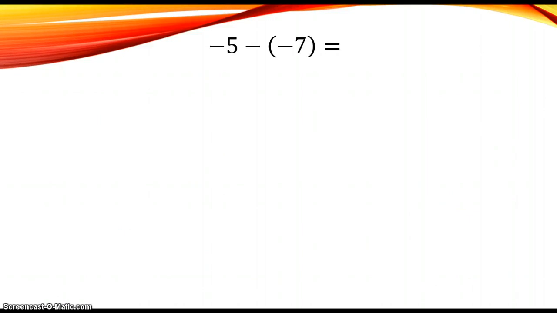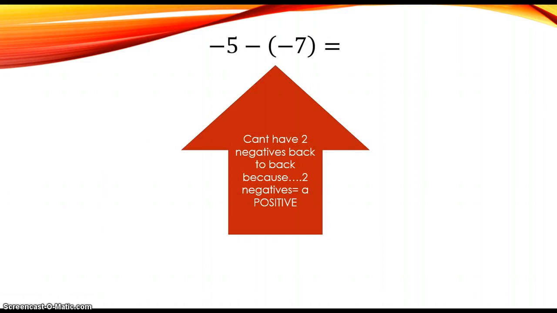Notice in this problem we have parentheses with a negative inside the parentheses and a negative or a minus sign outside the parentheses. We cannot move on and start looking at good guys or bad guys until we get rid of these 2 negatives. 2 negatives, just like before, are going to make a positive. So the 2 negatives in front of the 7 combine together to make a positive symbol. Our new problem is -5 plus 7.